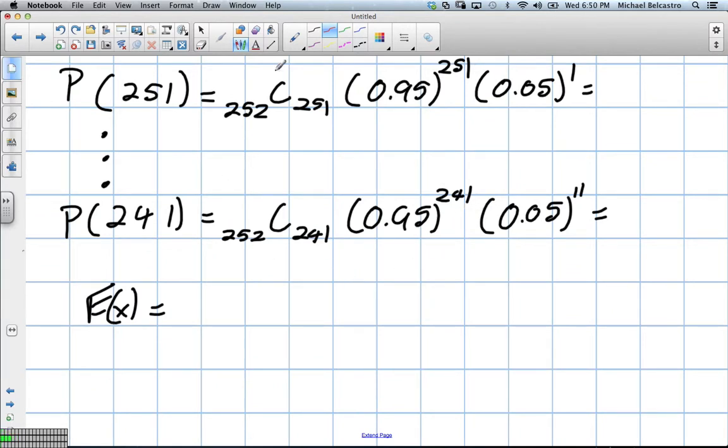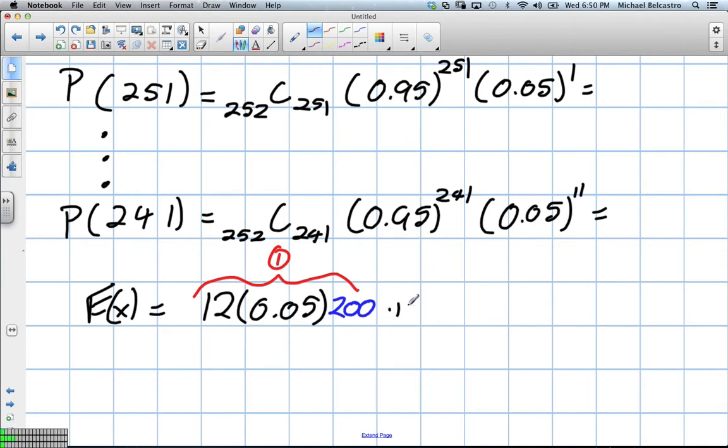We take 12 people overbooked times that 0.05 chance, and then times how much they have to pay each time, $200. That would be the very first scenario. Then we'd add in the second scenario.